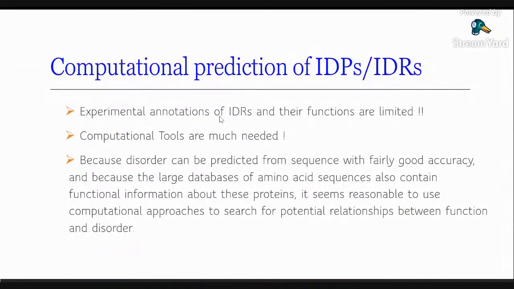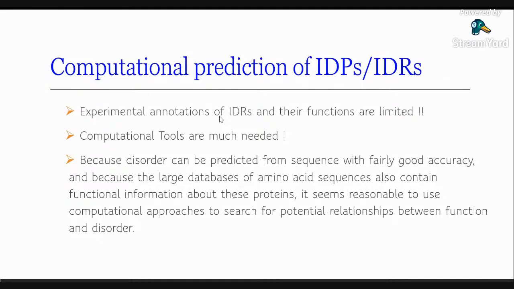Now, coming to our main topic, computational prediction of IDPs. Why do we need to predict the IDPs? We know that IDPs have a lot of importance in cellular processes and have a number of functions. It is very challenging for experimental people to get the IDR or IDP annotations, so a number of computational tools have been developed which make our task much easier.